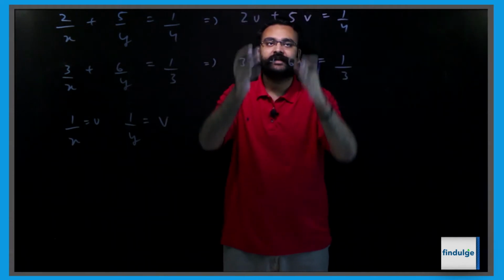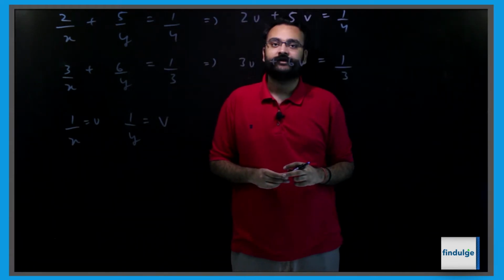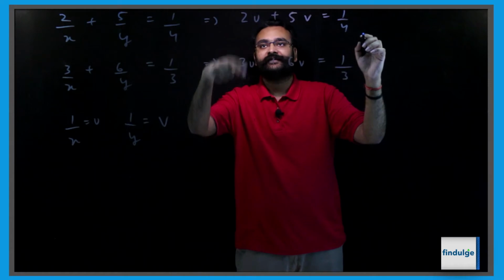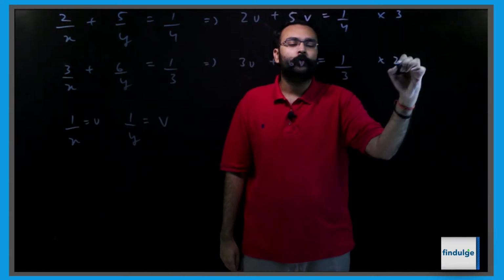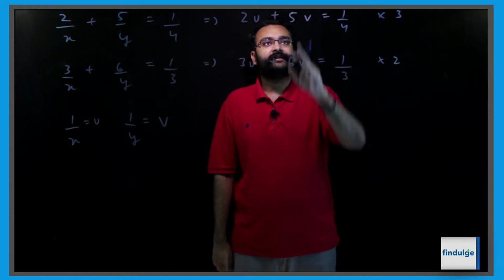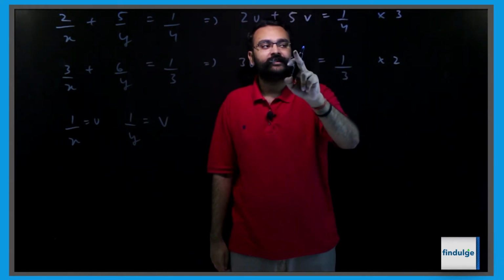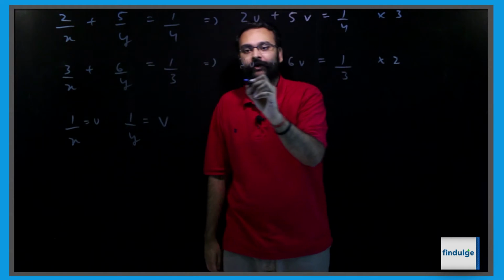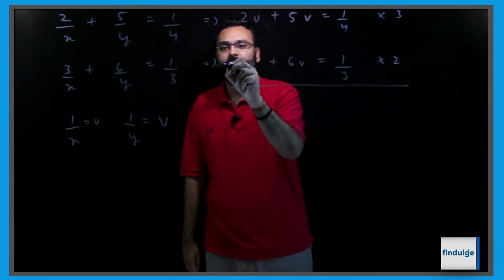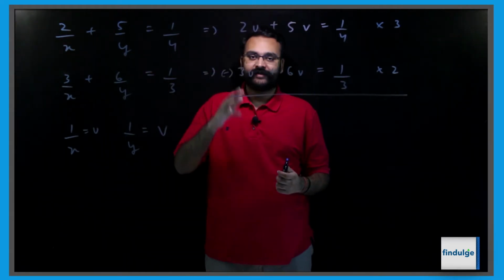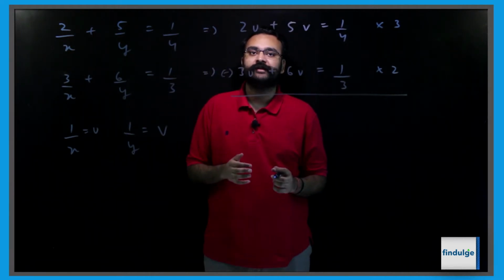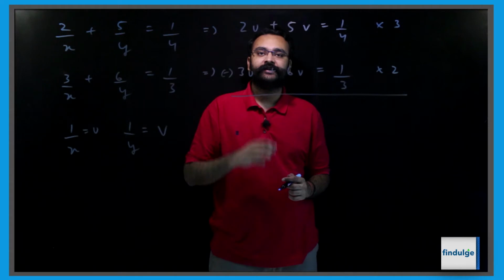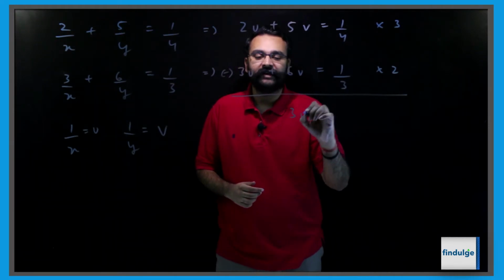Once again, it's a linear equation in u and v. I will solve it. So let's say I eliminate u, multiplying the first by 3 and the second by 2. Again, I check, this will become 15v, this will become 12v. I'll do subtraction of the second equation. So when I subtract the second from the first, obviously 6u minus 6u will become 0. 15v minus 12v will become 3v.